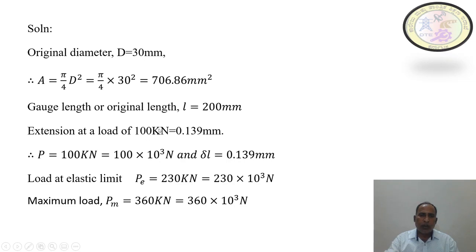This load 100 kilonewton is used for calculating the stress, and this 0.139 is used for calculating the strain at that load. That stress value and strain value are used to calculate the Young's modulus.